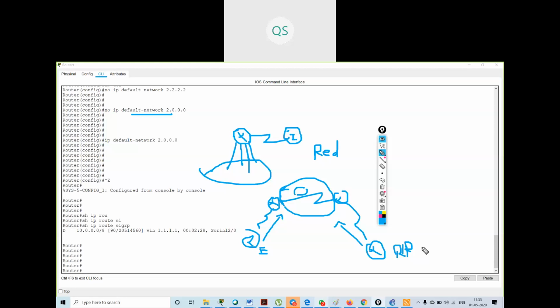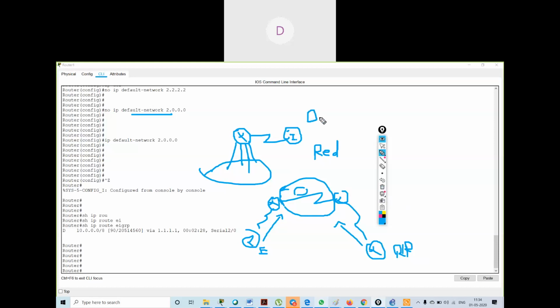So I think the question actually is not this. It's just saying that we have the redistribute command and we have the default route configuration. You said that when you are using OSPF, you can only use default-information originate, you cannot redistribute the static there.